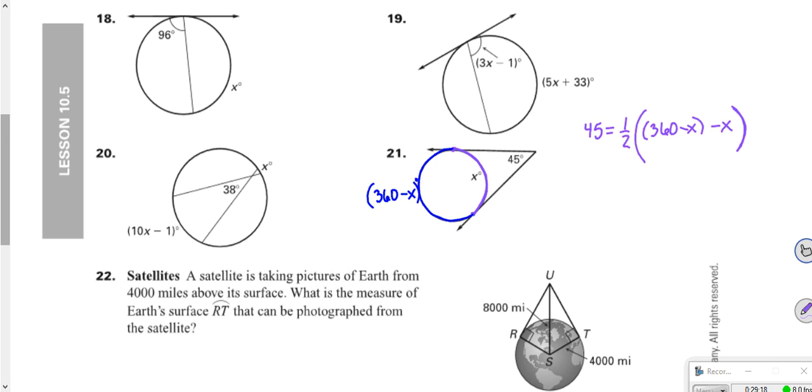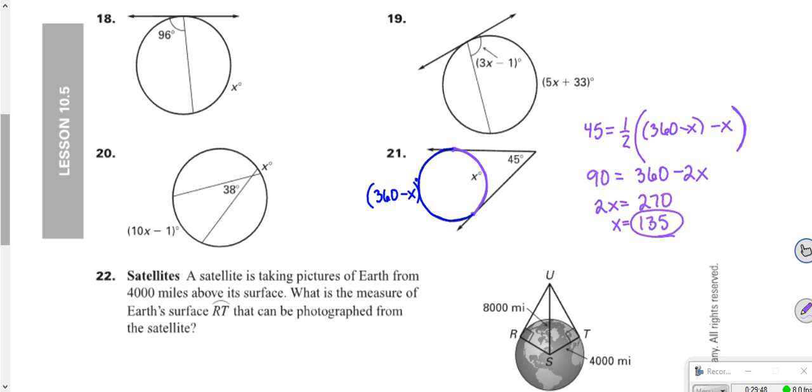I should have used brackets, but. So again, I'm going to multiply both sides by 2 to get rid of the half. So 90 equals 360 minus 2x. I hope you guys see that. So then I essentially get 2x equals 270, x equals 135. Hope you guys see that.